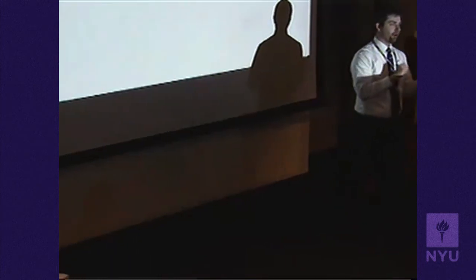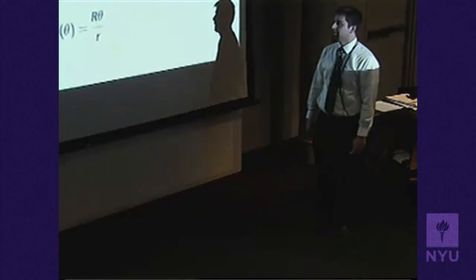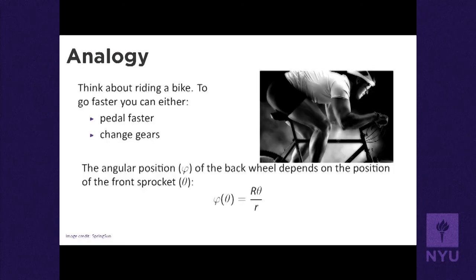And the ratio of the circumference of the front gear to the circumference of the rear gear is what determines how fast the back wheel turns around. So to write it in symbols, the angular position of the back wheel, let's call that phi, is a function of the angular position of the front sprocket, we'll call that theta, and the function is just multiplying by the ratio of the radius of the front sprocket to the radius of the back sprocket.